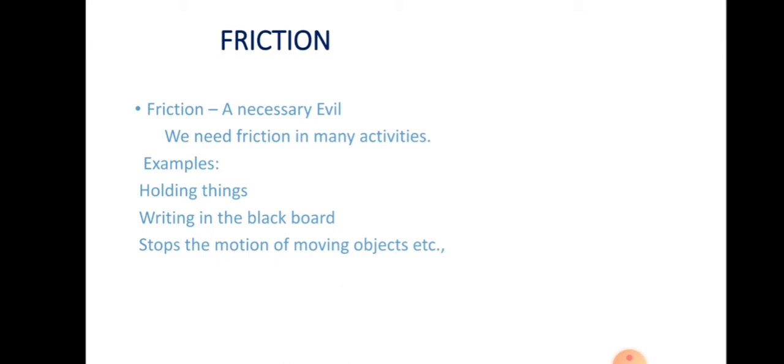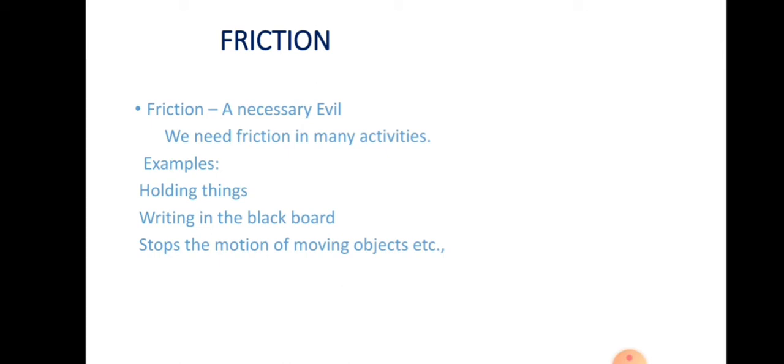Otherwise, you are riding a bicycle or moving in a car. If you want to stop that vehicle, you will apply the brakes, and the vehicle will smoothly reduce its speed, come to rest and stop. For these actions we need friction. Without friction we can't stop a moving object.